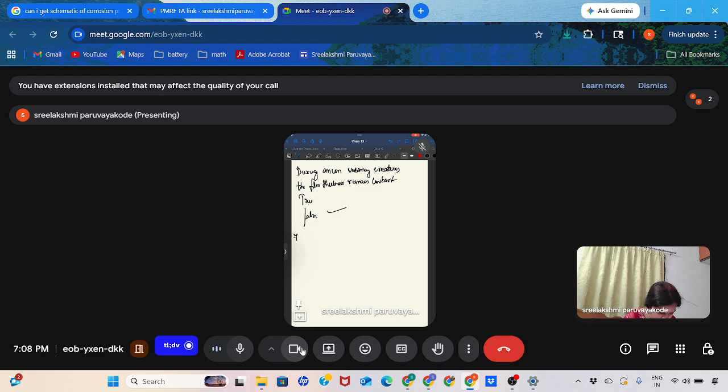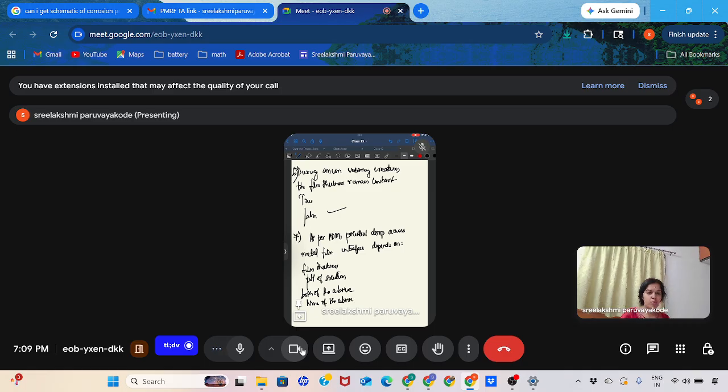Now the next question is question number 7. As per the point defect model, the potential drop across the metal film interface depends upon: film thickness, pH of solution, both of the above, or none of the above.